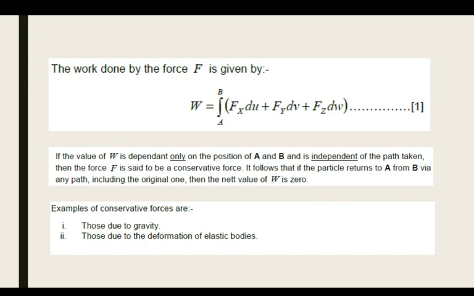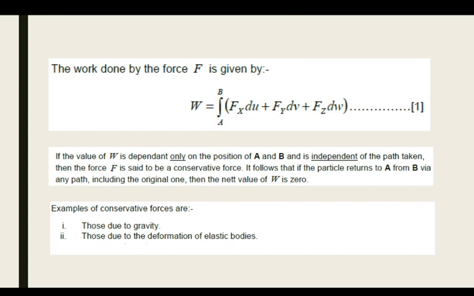If the value of W is dependent only on the position of A and B and is independent of the path taken, then the force F is said to be a conservative force. It follows that if the particle returns to A from B via any path, including the original one, then the net value of W is 0.